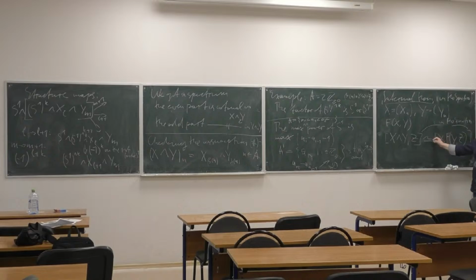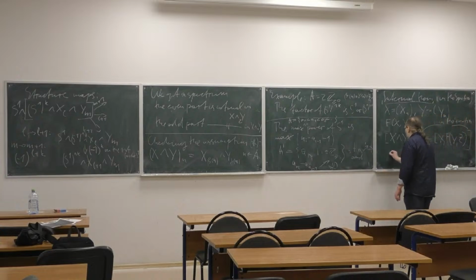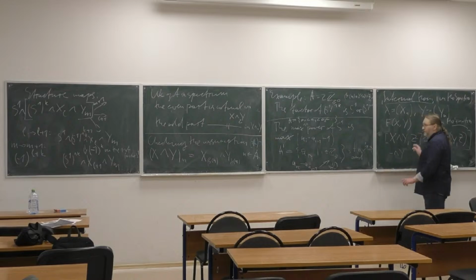This equality is basically saying that something is adjoint to something. What is adjoint to what? Smash with Y and F from Y to something. Okay, so we have smash with Y. Is it a left adjoint or a right adjoint? Yes, this is a left adjoint.